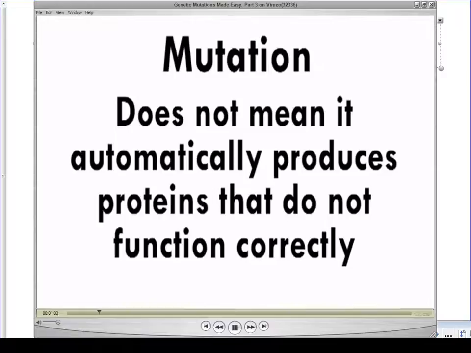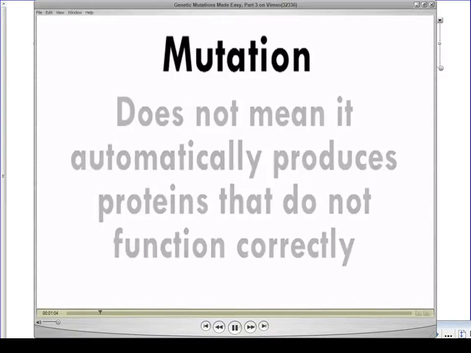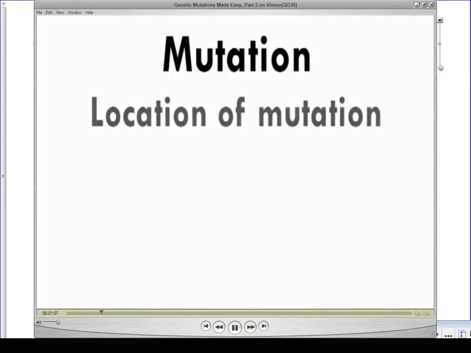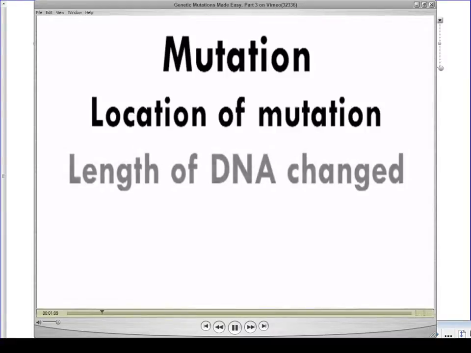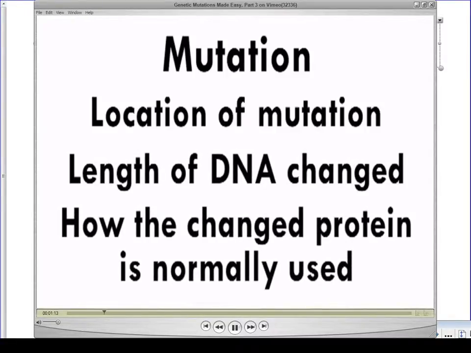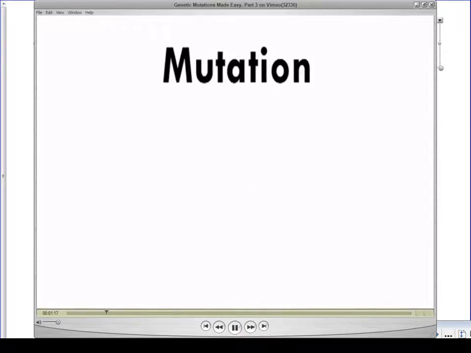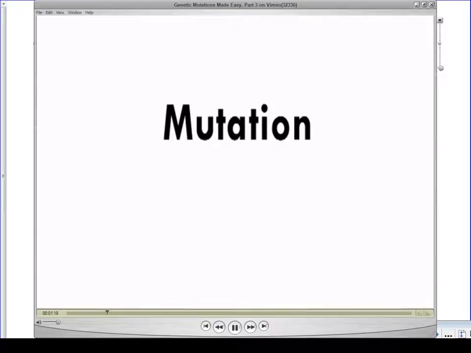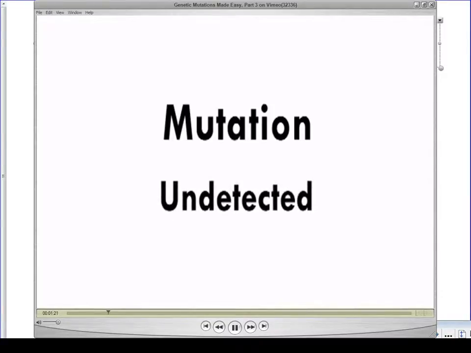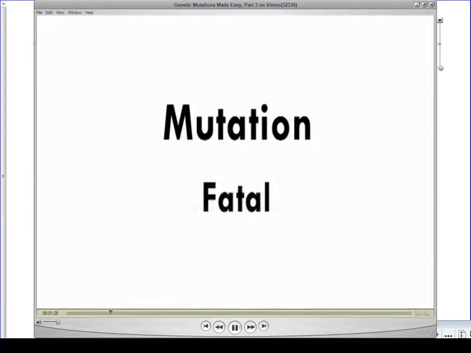Other factors determine whether a mutation provokes a noticeable change or not. The location of the mutation, the length of DNA that is changed, and how the changed protein is normally used are all important factors. All these things determine if the mutation is undetected, if it provokes minor illness, or if it is fatal to the organism.